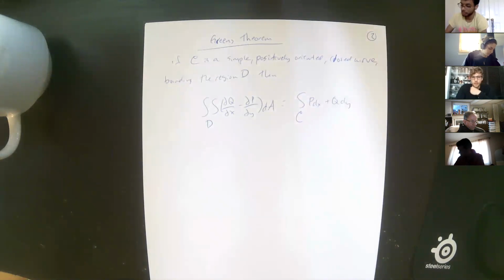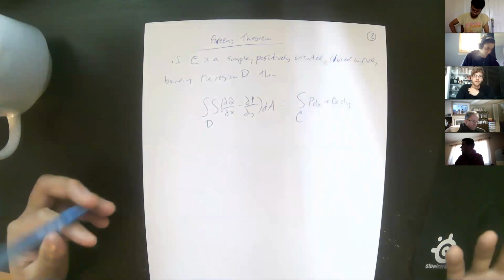Is this curve just two-dimensional? Well, curves are all one-dimensional, but it's in the plane. If it wasn't in the plane, like if it had some z value, it really doesn't bound a region in R3, right?